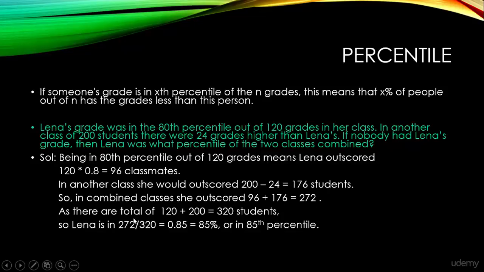There are a total of 120 plus 200, which is equal to 320 students. So, Lina is in 272/320, which is equal to 0.85, which is equal to 85%, or the 85th percentile.